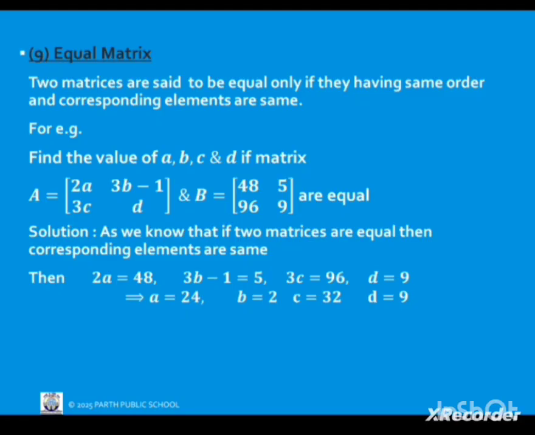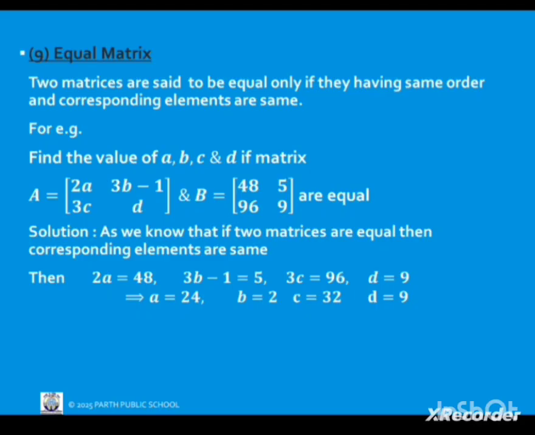Second element of first row is 3b minus 1 and the second element of matrix B is 5. So they will be equal because we have given that if two matrices A and B are equal, then we will get the value of b equal to 2. Similarly, we can find the value of c and value of d which are equal to 32 and 9 respectively.